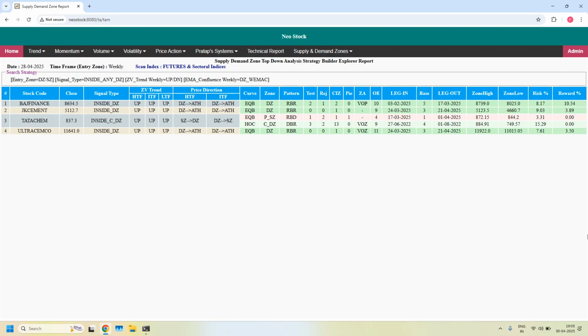So 4 stocks are filtered. These 4 weekly demand zones are having weekly EMA Confluence, and also current price closed inside those weekly demand zones. Maybe that is the reason why Tata Chemicals is already tested 3 times. It is a high liquidity zone.